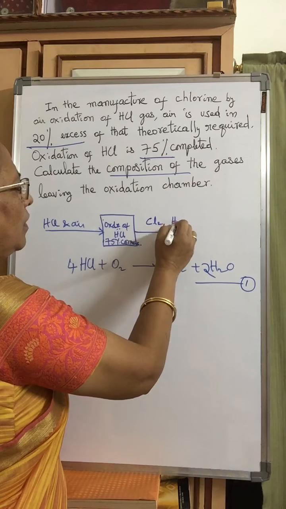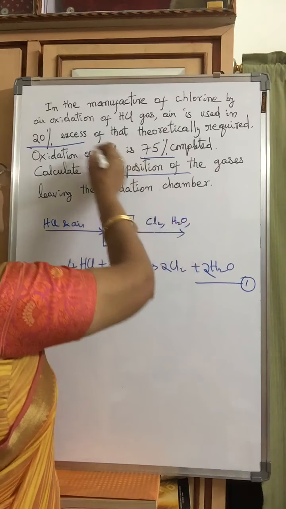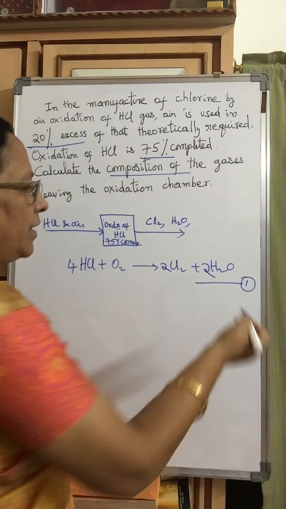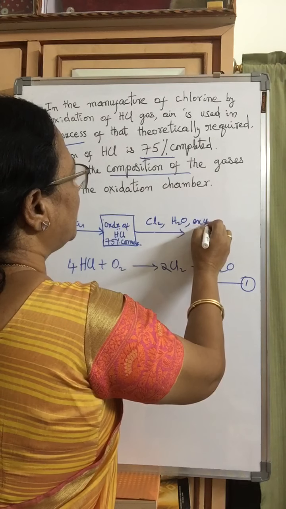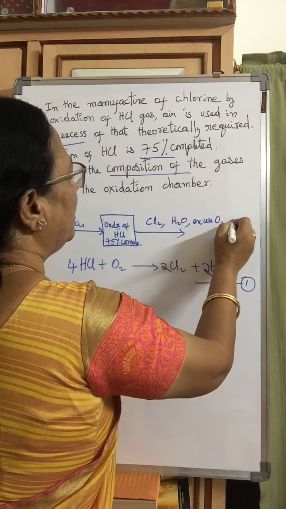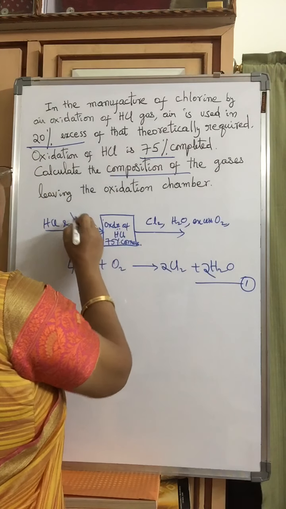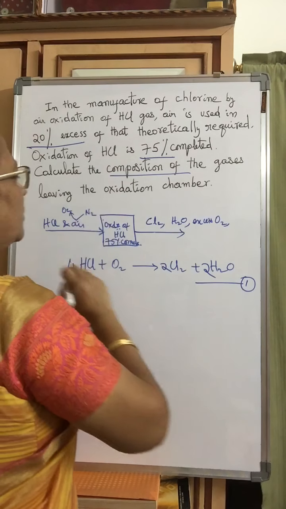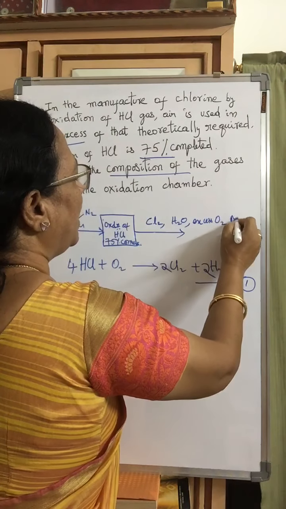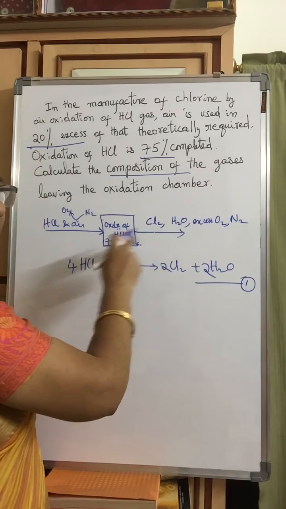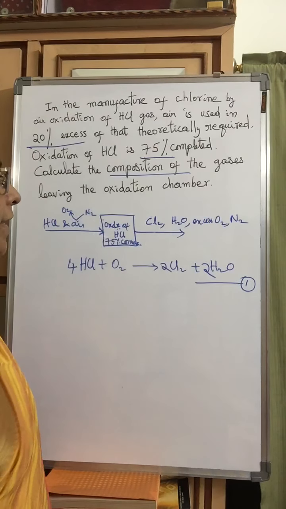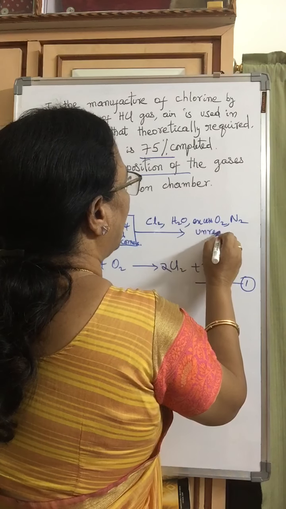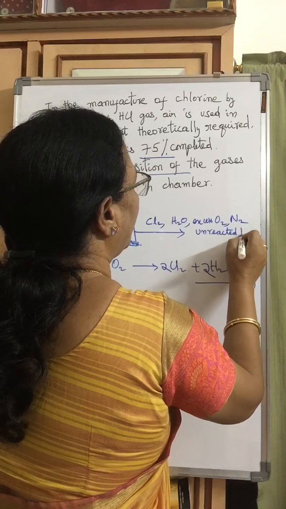Oxygen is supplied in excess because air is supplied in excess. So excess oxygen, and because we are supplying air, here air contains oxygen and nitrogen. So excess oxygen and nitrogen we are supplying in the form of air, and because conversion is only 75%, unreacted HCl.